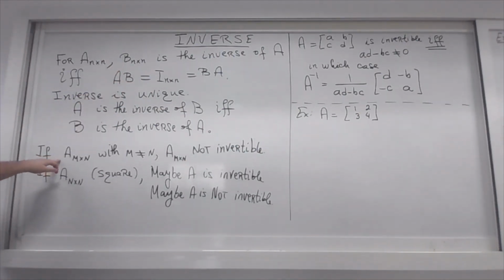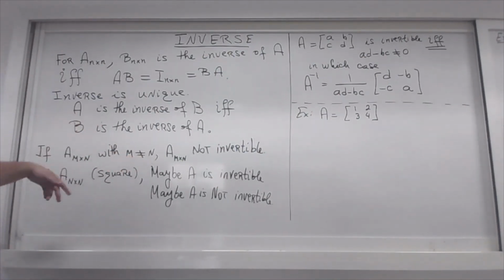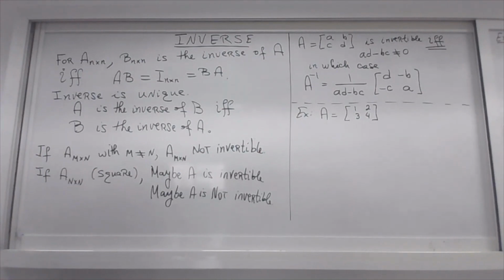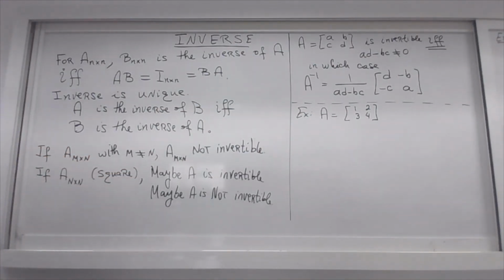Now, what is worth noting is, if my matrix is not square, if I have an m by n matrix, and m is different from n, so let's say 2 by 7, then a 2 by 7 matrix is not invertible. If my matrix is not square, it is not invertible. That's easy. Now the problem is, when my matrix is square, sometimes the matrix is invertible and sometimes it is not.